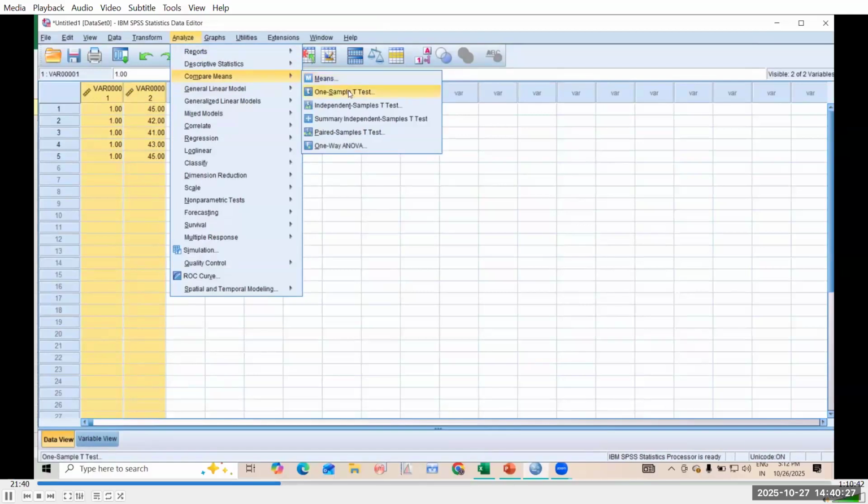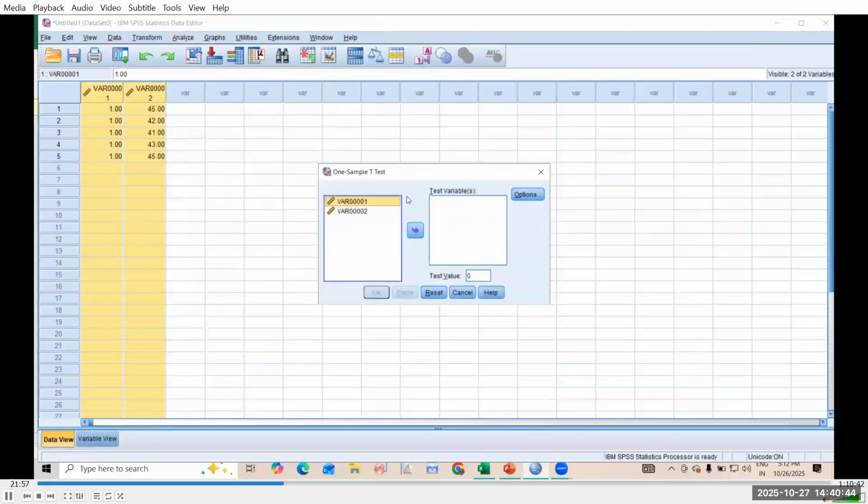There are three types of t-test: one sample t-test, independent sample t-test, paired sample t-test. And this is the one way ANOVA, which we'll go for later. Here we have to test for the one sample t-test because we have put one variety at a time. Here our variable will be column variation 2, which will be the test variable.